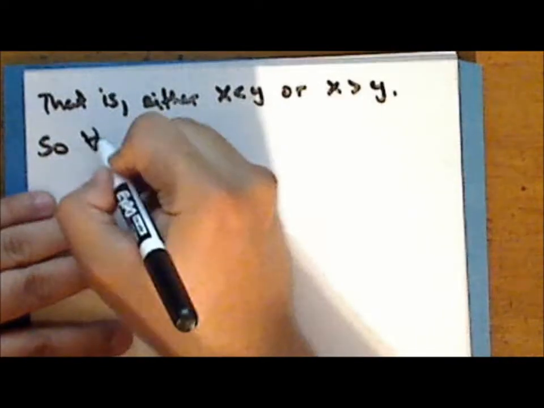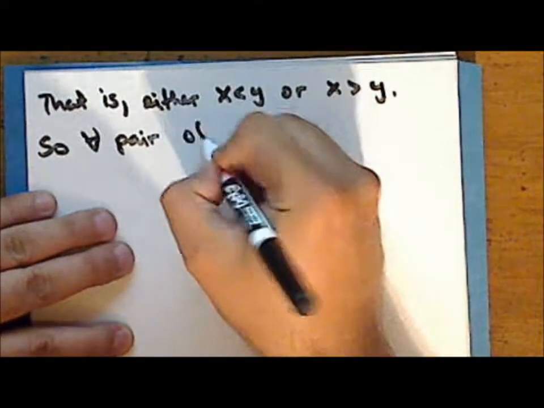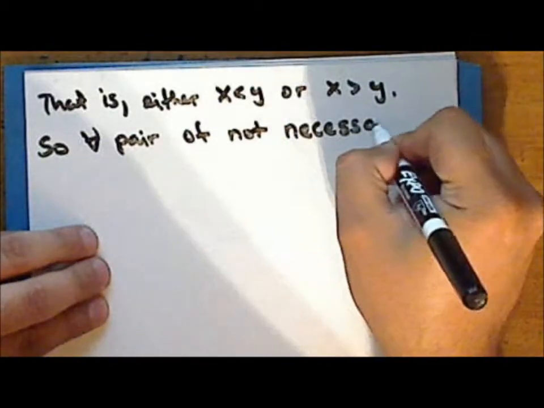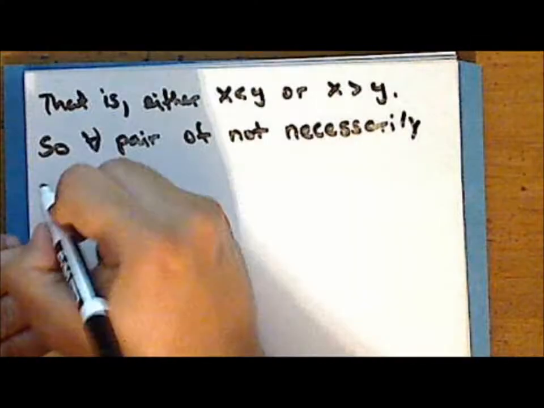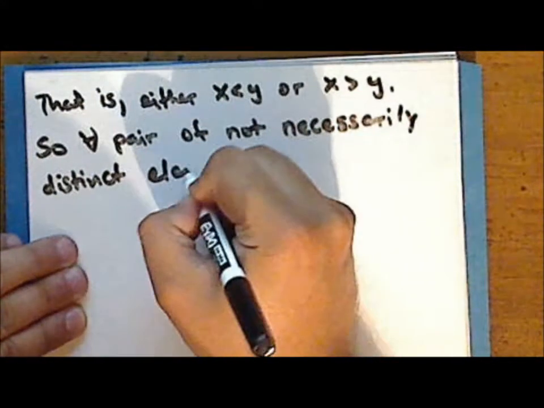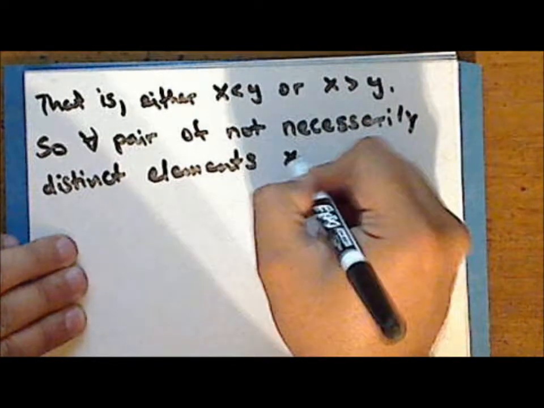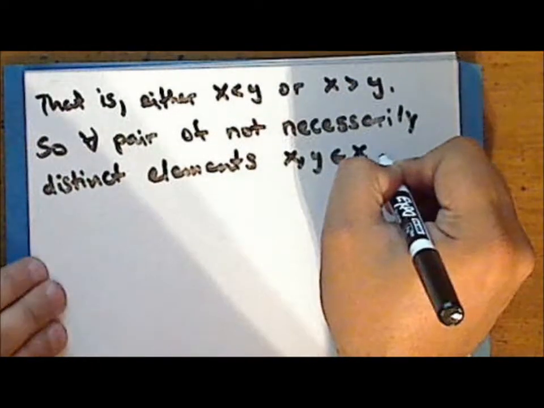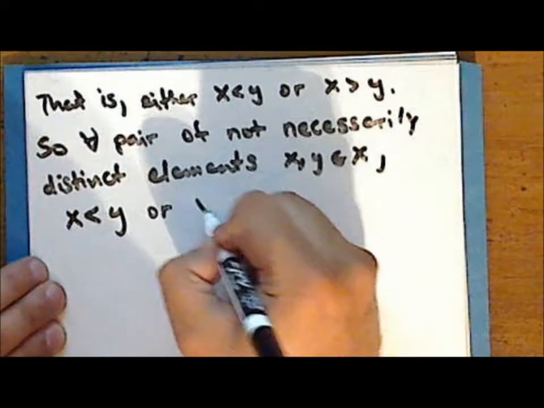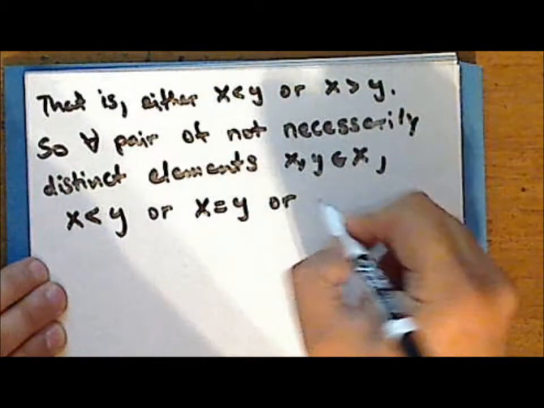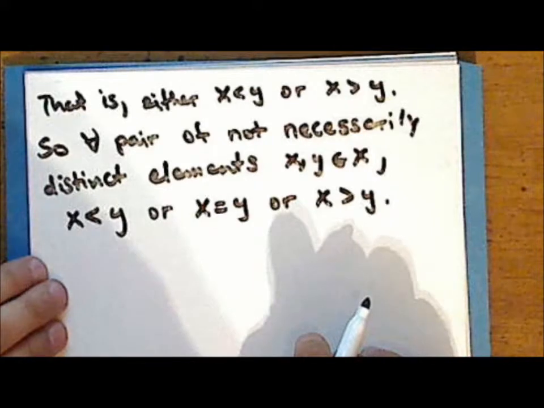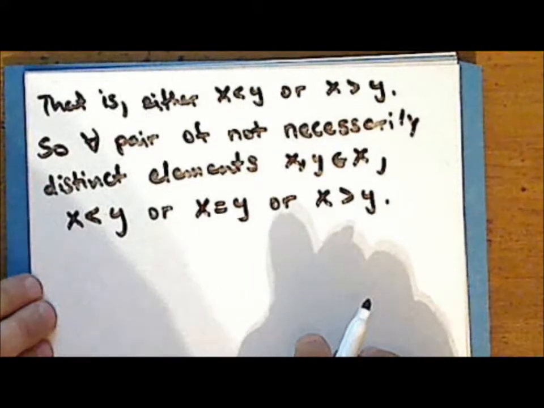And so for every pair of not necessarily distinct elements x and y, x is less than y, or x is equal to y, or x is greater than y. And these are pairwise mutually exclusive, and so exactly one of them is true.